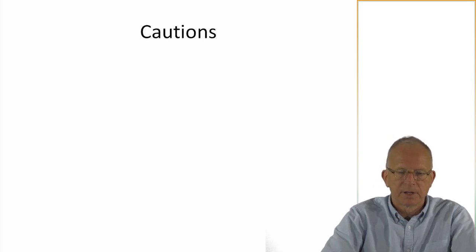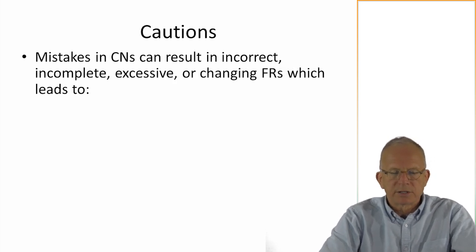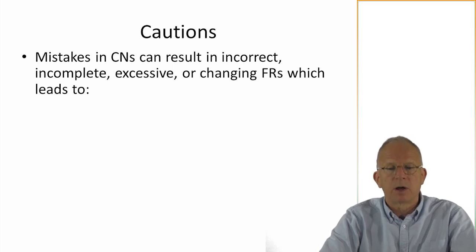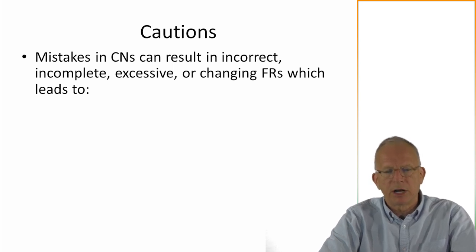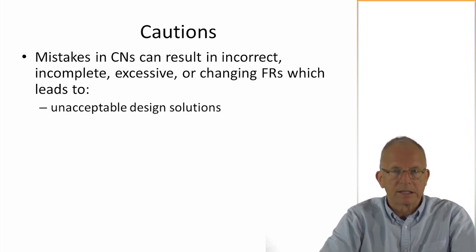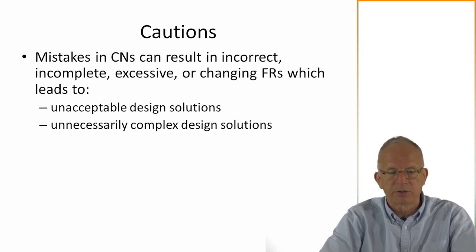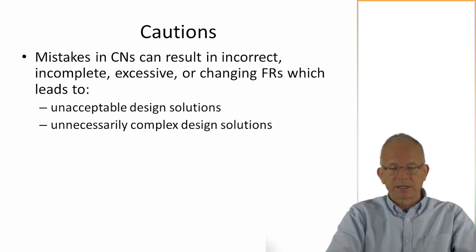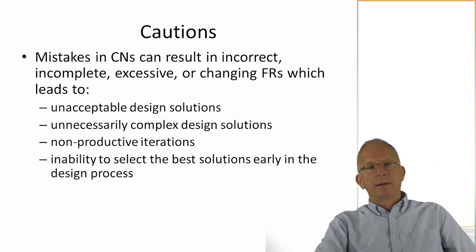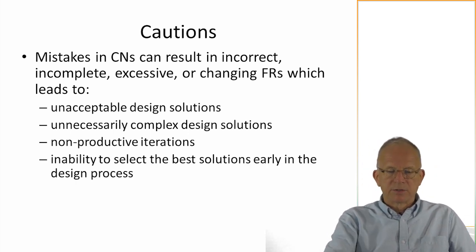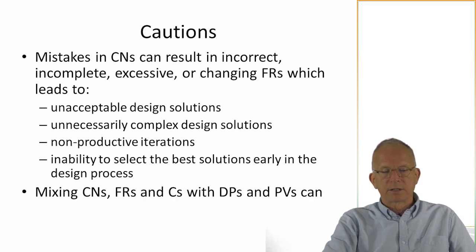All right, so some cautions, and we're going to take a look then at the CNs. So mistakes in the CNs, if we don't get them right, can lead to incomplete, excessive, or changing FRs, which in turn can lead to unacceptable design solutions, unnecessarily complex design solutions, non-productive iterations, and the inability to select the best design solution early in the design process.